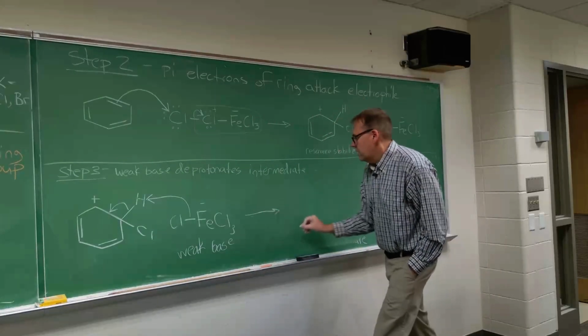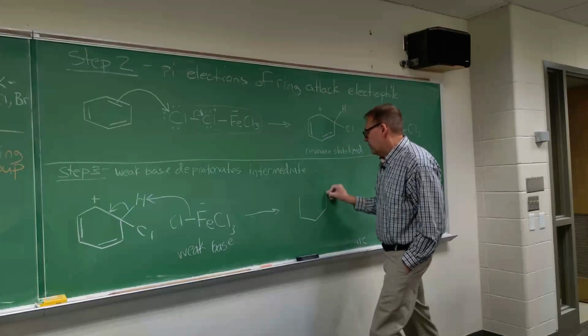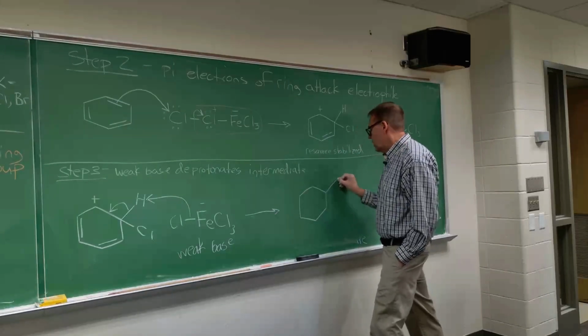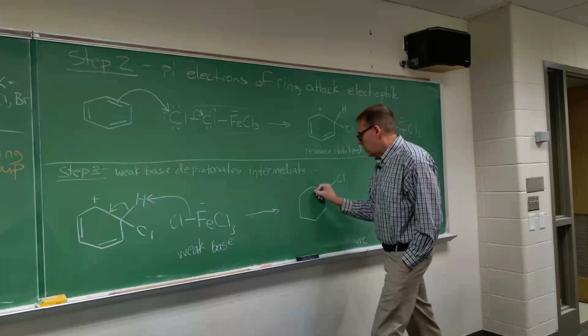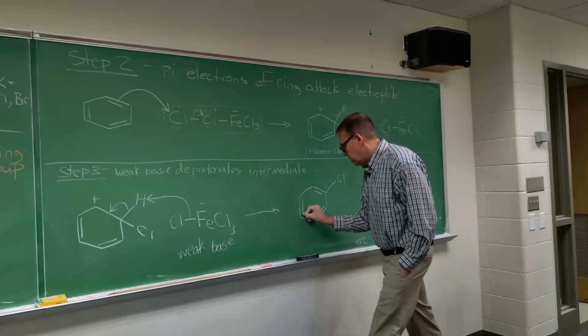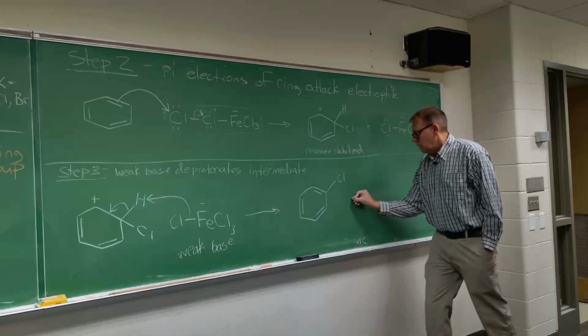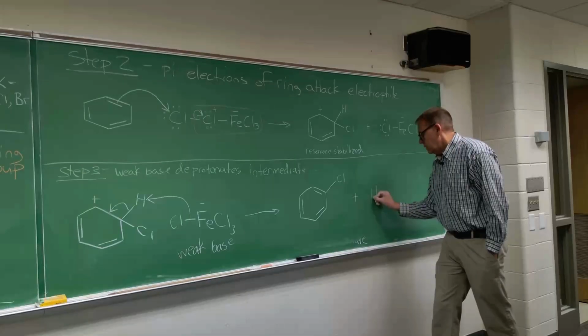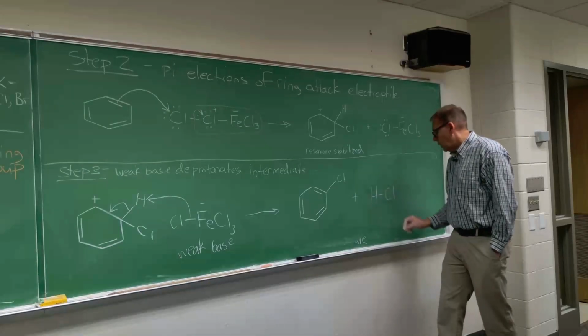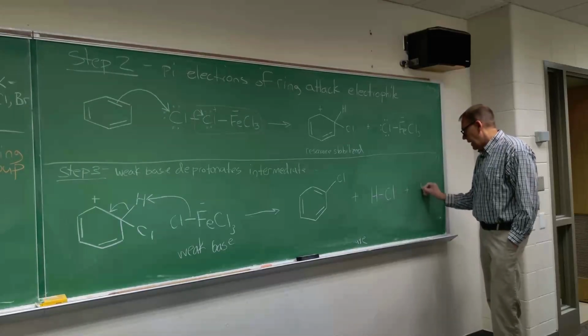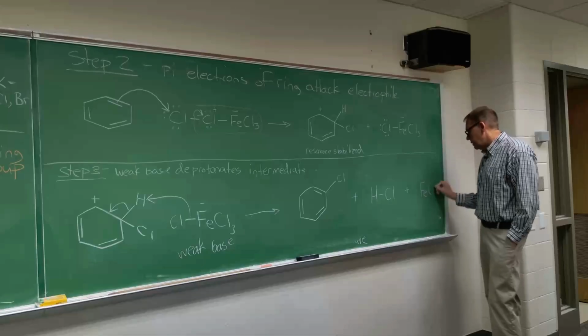And that movement of electrons gives you the final product, which is an aromatic species. So aromaticity has been restored. And you get your HCl coproduct, and then you also get the catalyst back, FeCl3.